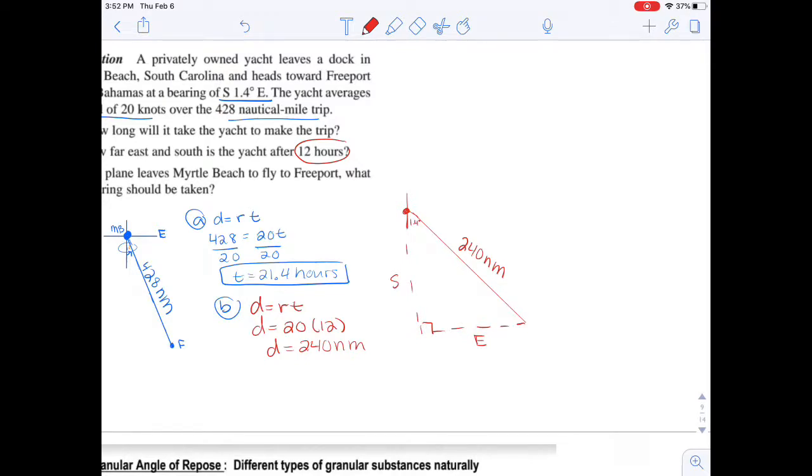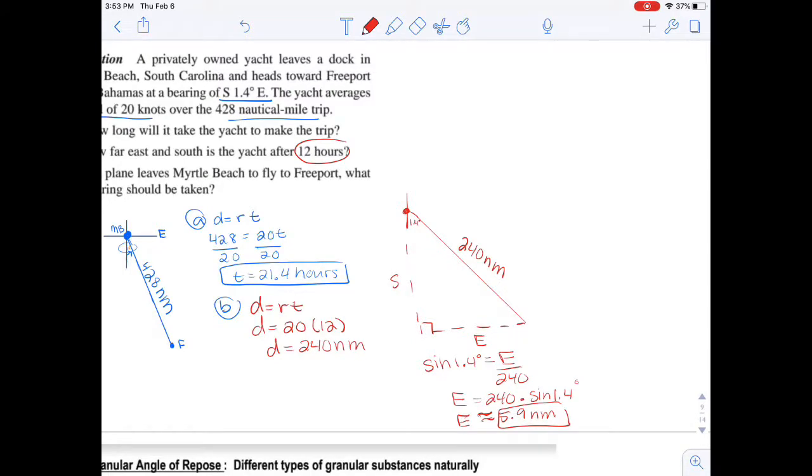All right, so I can use two trig functions to figure out E and S. So for E, that's across from the angle, and then I know the hypotenuse, so I'm going to say sine of 1.4 equals E over 240. So if you multiply, you'll get 240 times sine of 1.4. So that would be approximately 5.9 nautical miles.